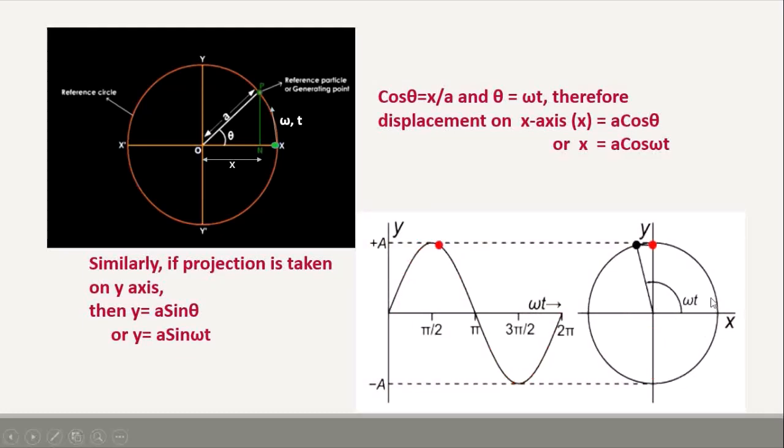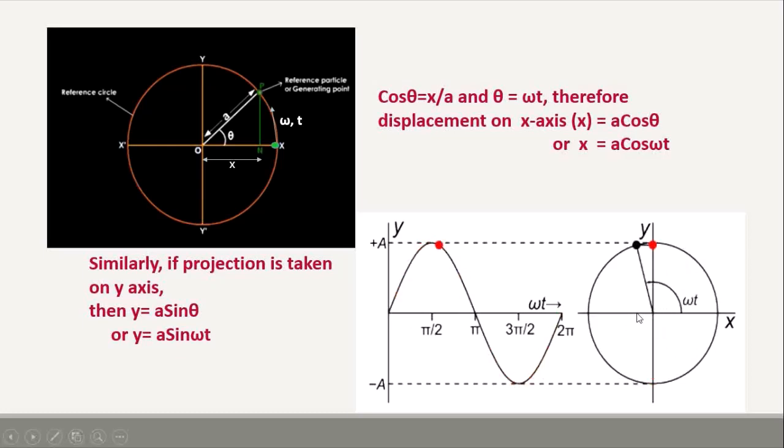You can observe here, as this black colored particle is moving in a circular path, its displacement y on the y-axis is going to show simple harmonic motion because it is making to and fro motion with respect to its mean position. And if you plot the displacement versus time graph, then you will have a sine curve like this.